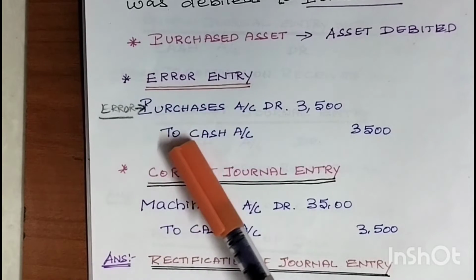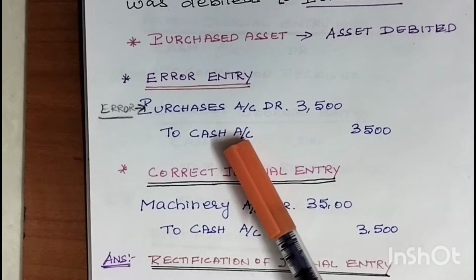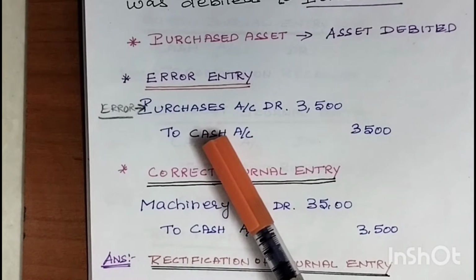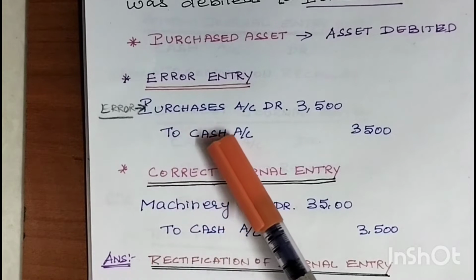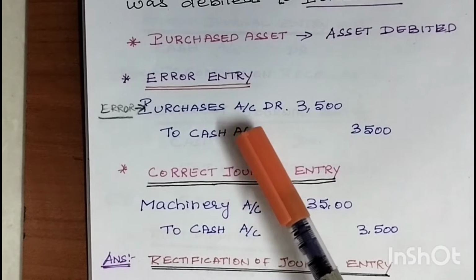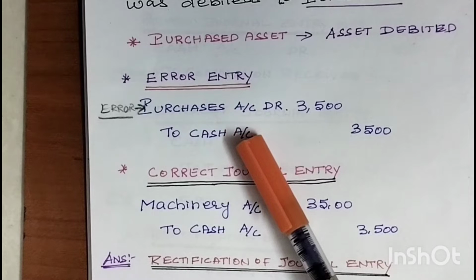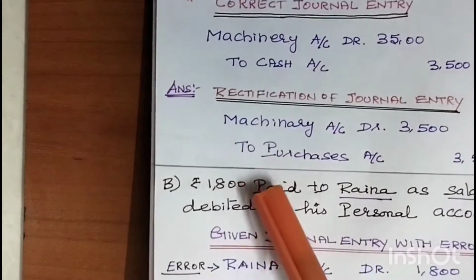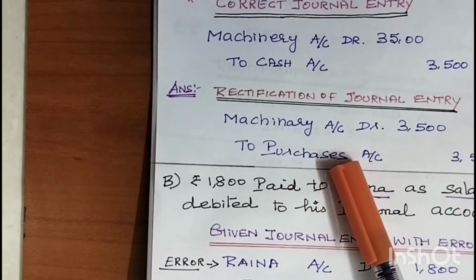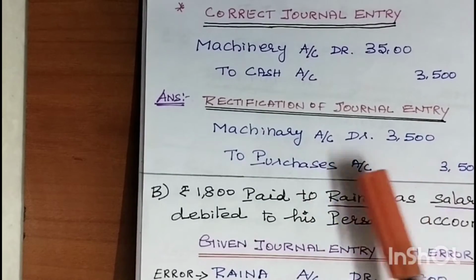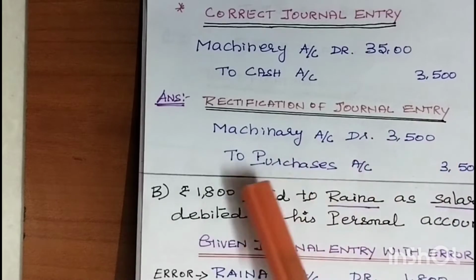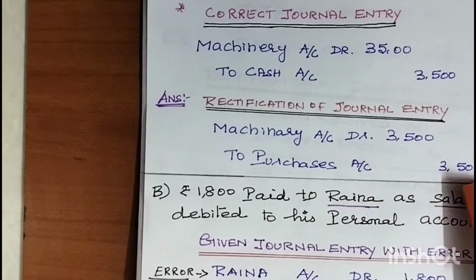Suppose the error is on the credit side, we have to enter it on the opposite side, so you have to debit it. Then only will the error be rectified. Here the error is on the debit side, so we have to credit it. Now the error is rectified. So the answer is machinery account debit 3,500 to purchases account 3,500.